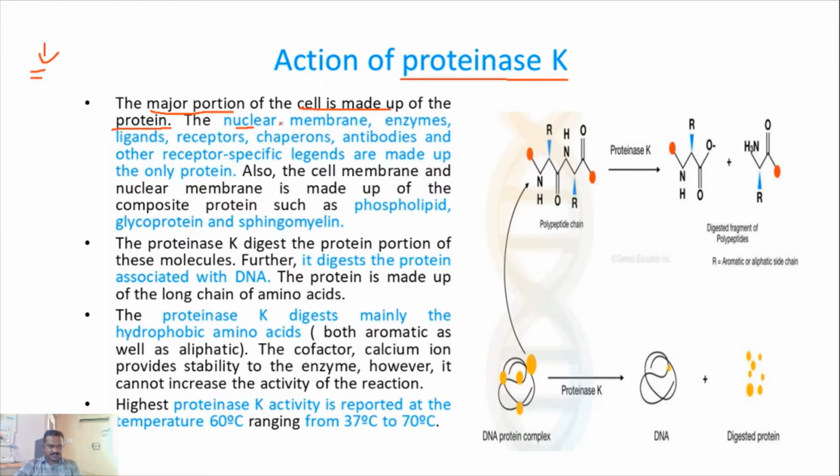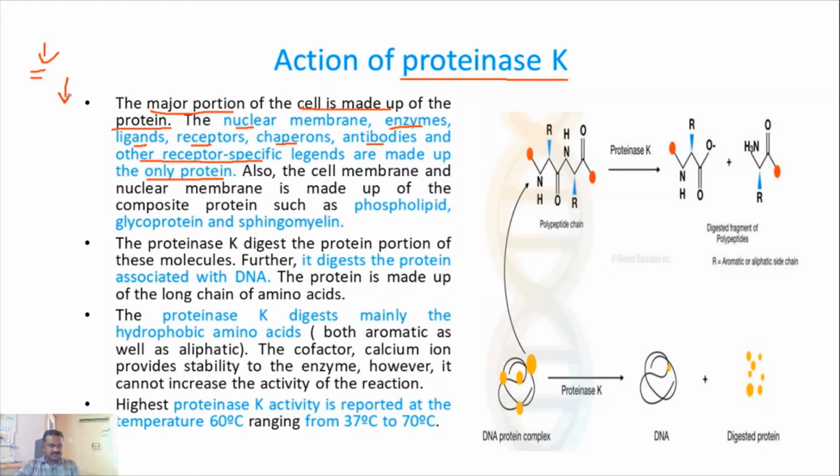Suppose we are taking a eukaryotic cell: it contains a nuclear membrane, a lot of enzymes, ligands, receptors, chaperones, antibodies, and other receptor-specific ligands, all made up of proteins.